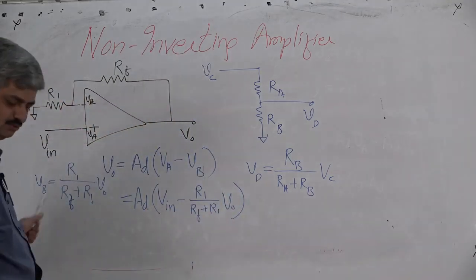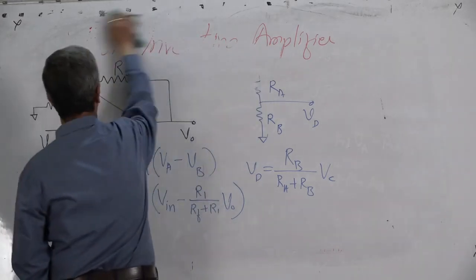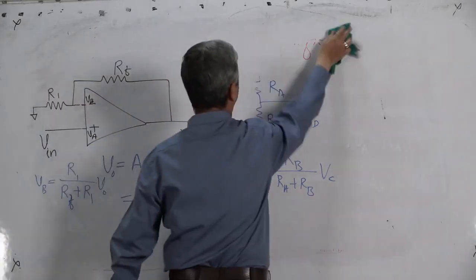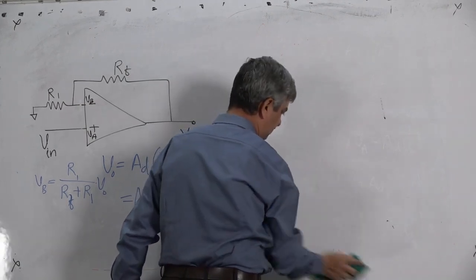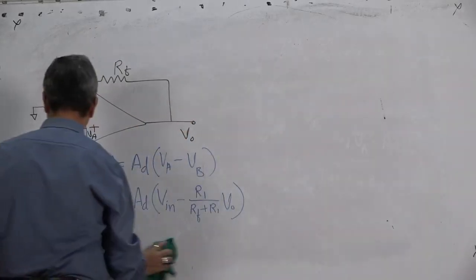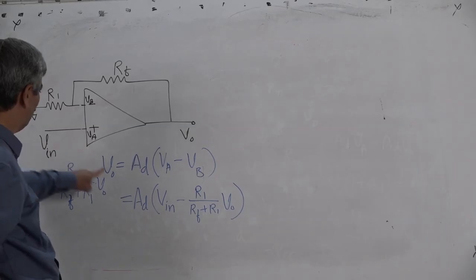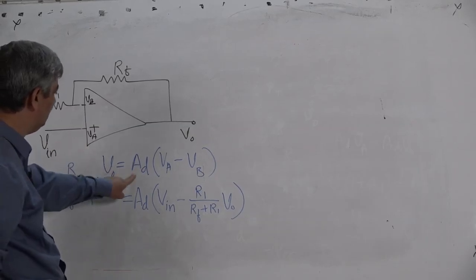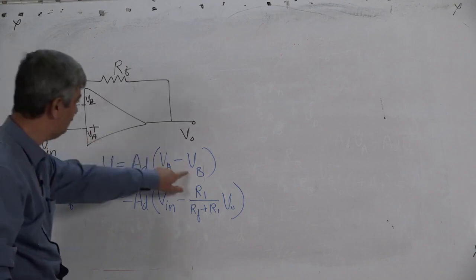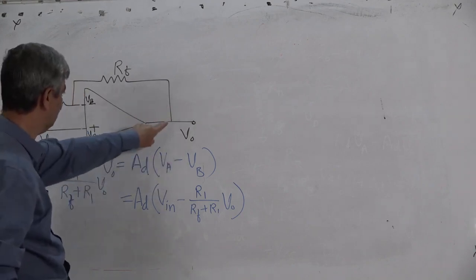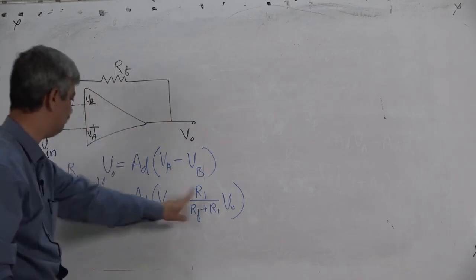Is it clear? I write other things elsewhere because I need the board space. So, here no rocket science, no complex things like the Einstein formula. What is VO? VO is AD into VA minus VB. VA is V in directly. VB is the potential divider, R1 upon RF plus R1 times VO, that I have put.